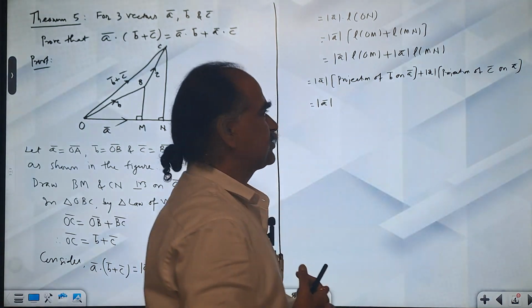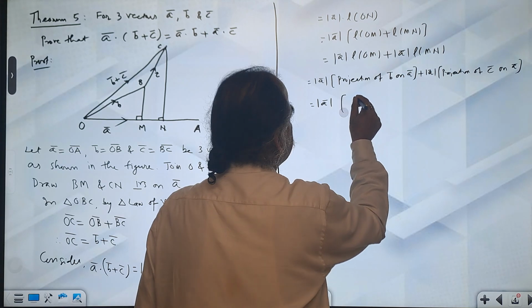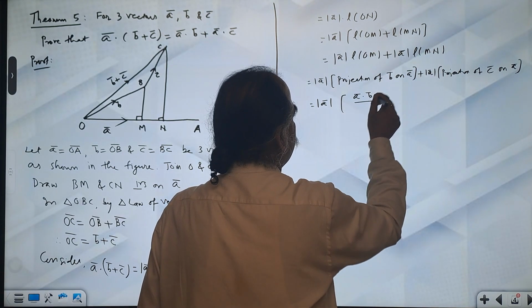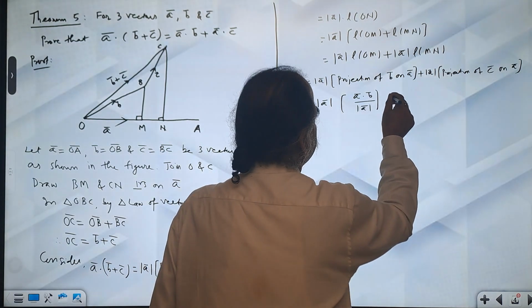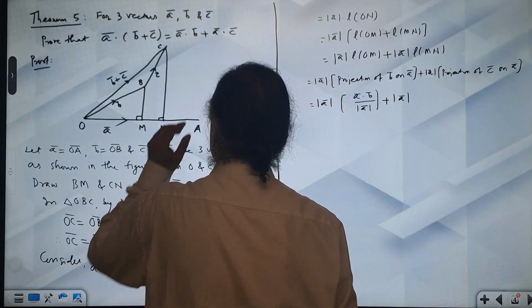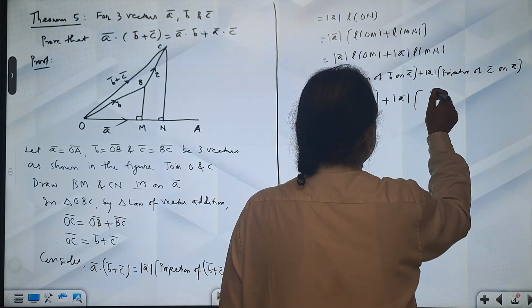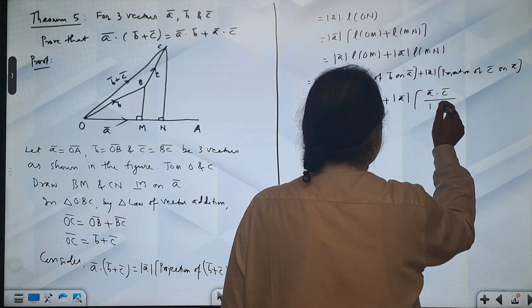Now what is the actual projection of B bar on A bar by formula? It is A dot B upon mod A bar, plus mod A bar into projection of C bar on A bar, which is A dot C upon mod A bar.